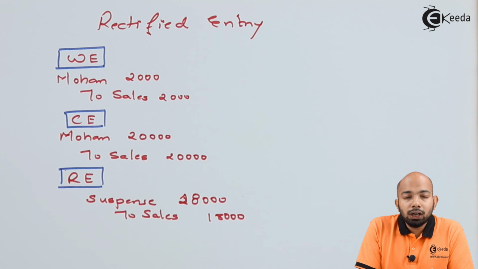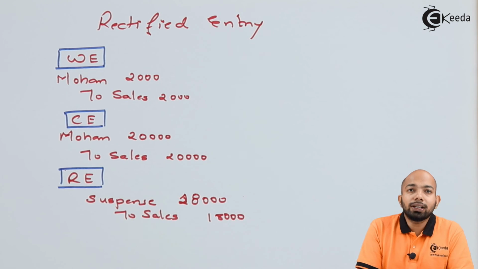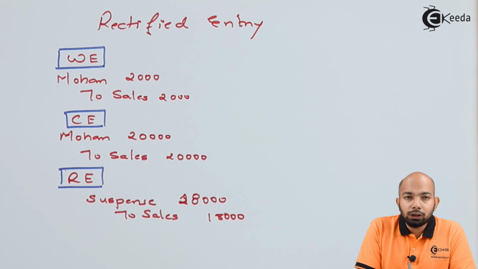That means the Mohan account, which had a difference of 18,000 here, will be used as a suspense account and the sales will be credited as per 20,000 itself. That means the balance 18,000 will be moved to that sales account. So this is how you prepare the rectification of any error that you need to find out.